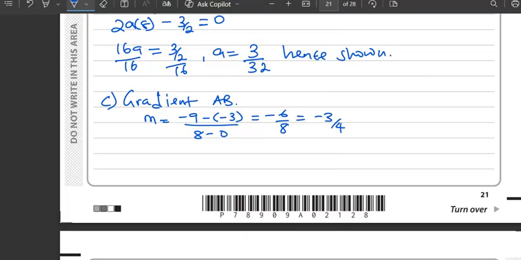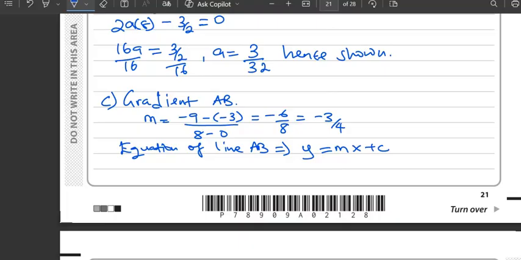Then for us to get the equation of line AB, generally all equations take the form y equals mx plus c. But you see, line AB already cuts the y-axis at point (0, -3).